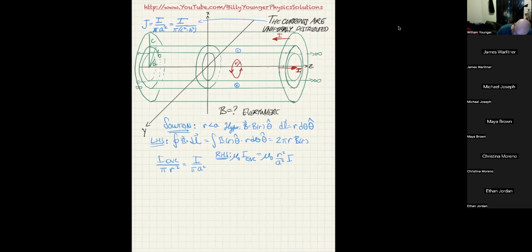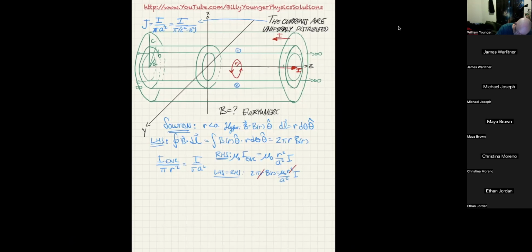Now I can set left-hand side equal to right-hand side. And when I do that, I get 2 pi R B of R is equal to mu 0 R squared over A squared I. You can see that the exponent of 2 cancels out with one of the R's over here, leaving just a single R on the right.